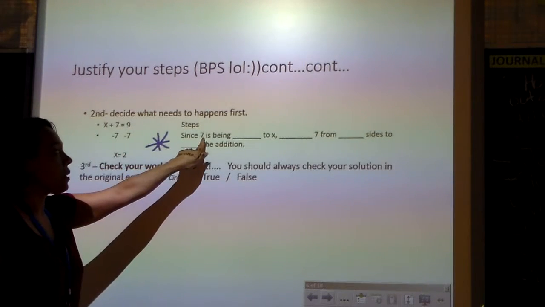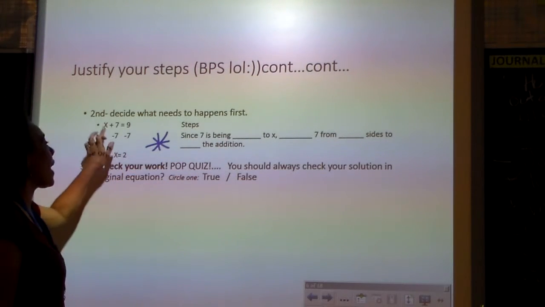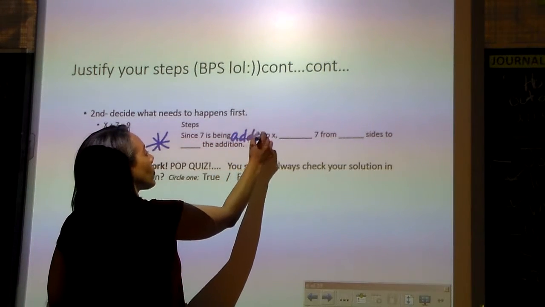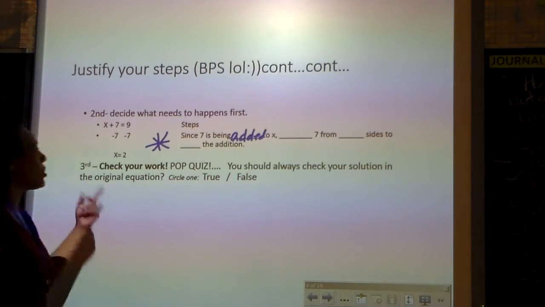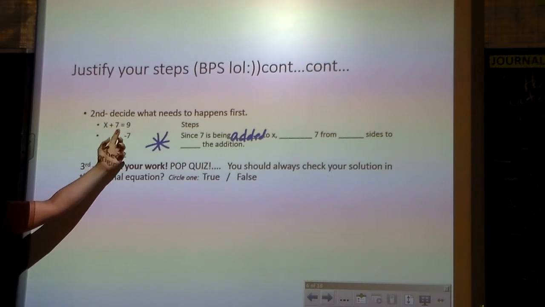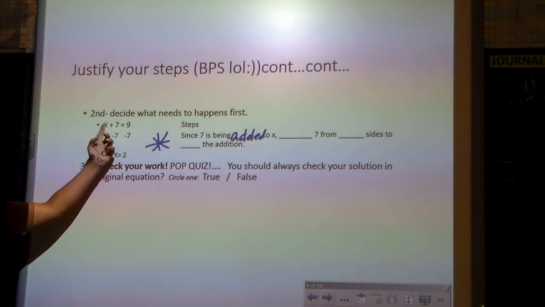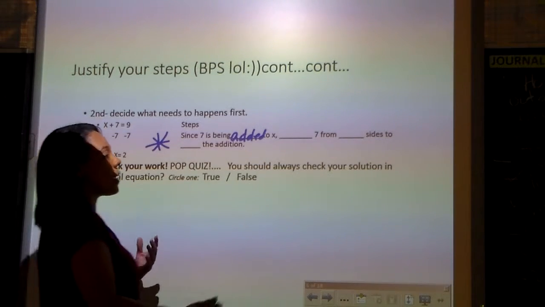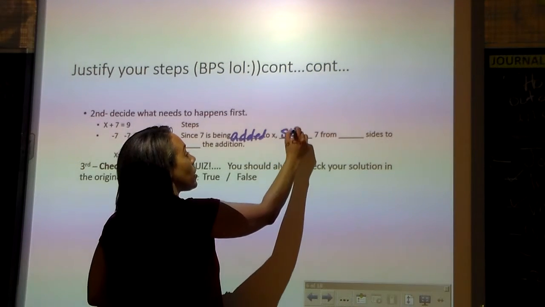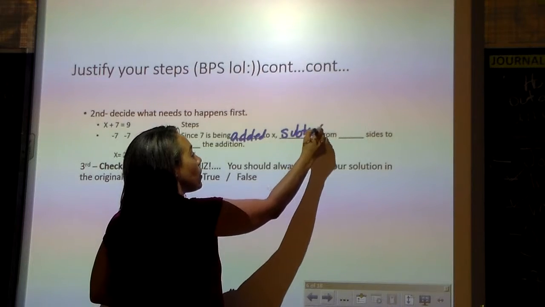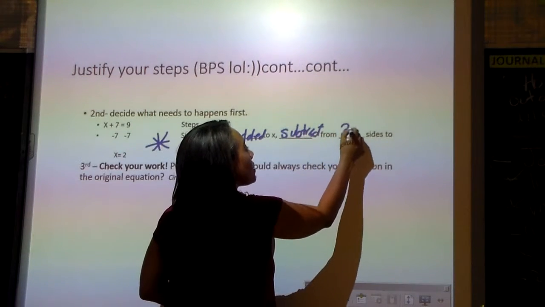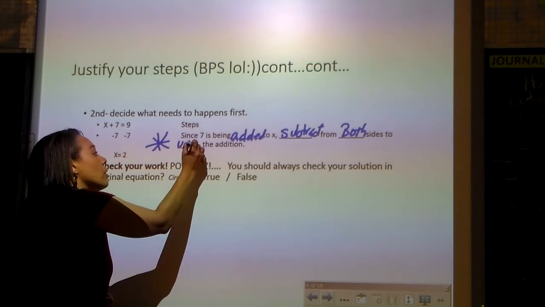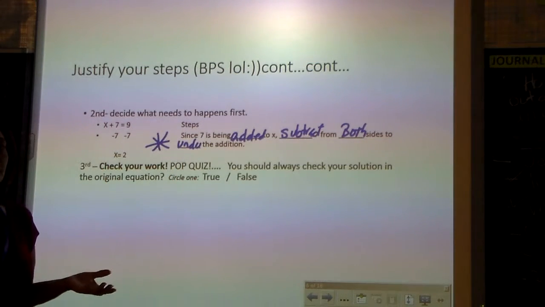Since 7 is being added to x, because you see here you have x and 7 is being added. Since 7 is being added to x, then what we're going to do here is subtract 7 from both sides to undo the addition.